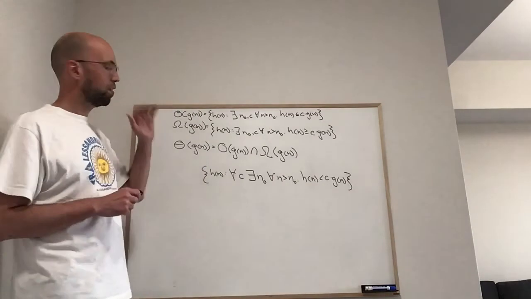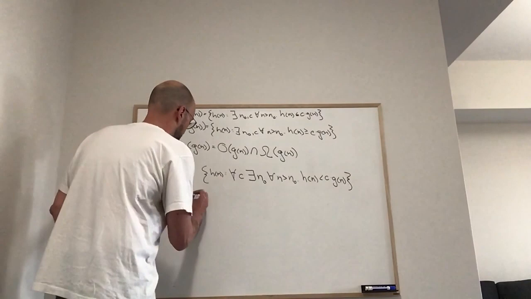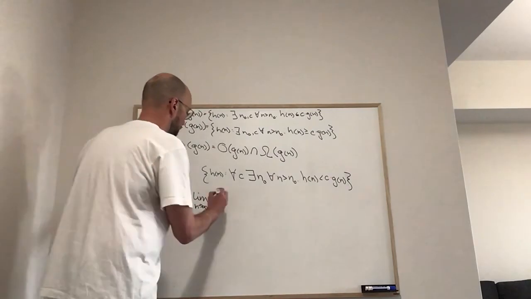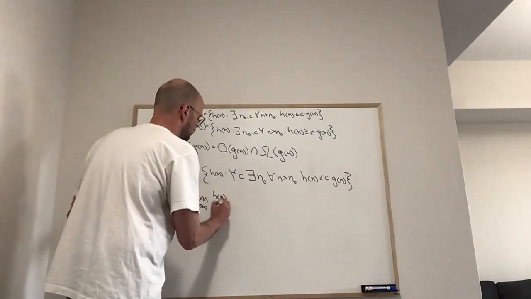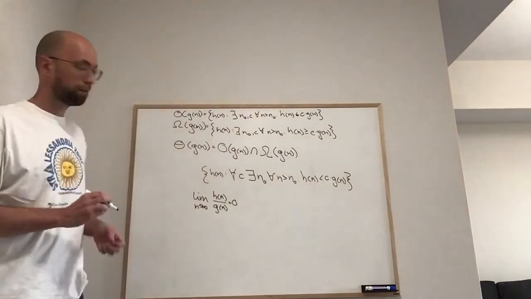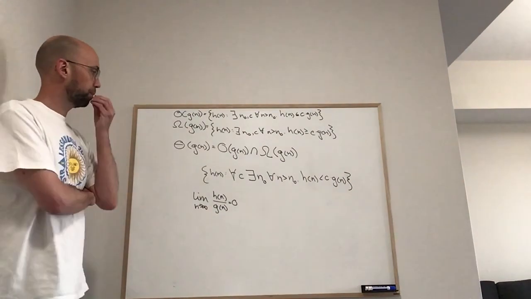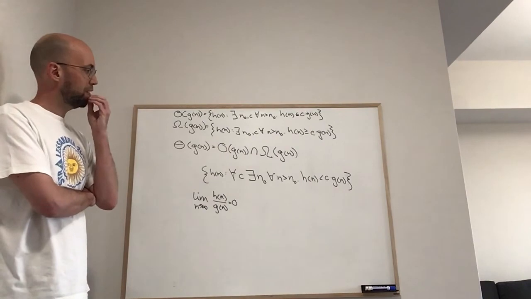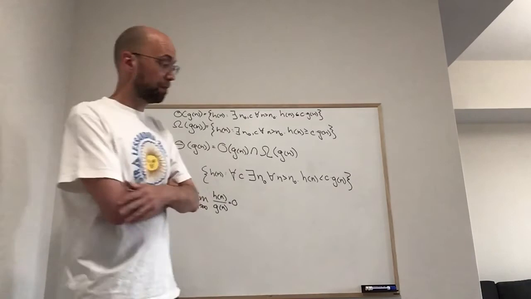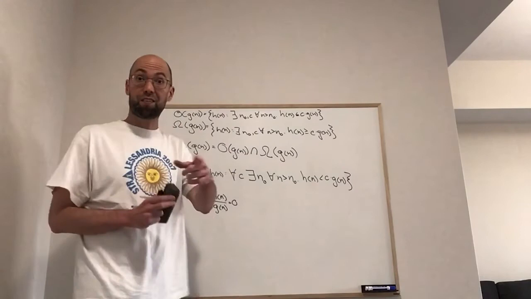Not quite like that, but this is basically saying that the limit as n goes to infinity of h of n over g of n is 0. I will check to make sure that I've got this exactly right, but if not, I will post a correction. It will be fixed in the scribe notes.